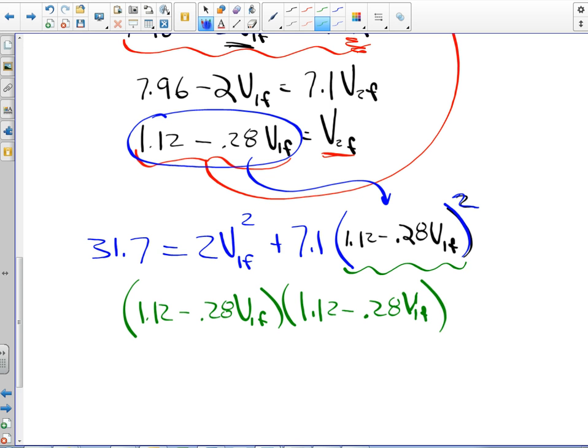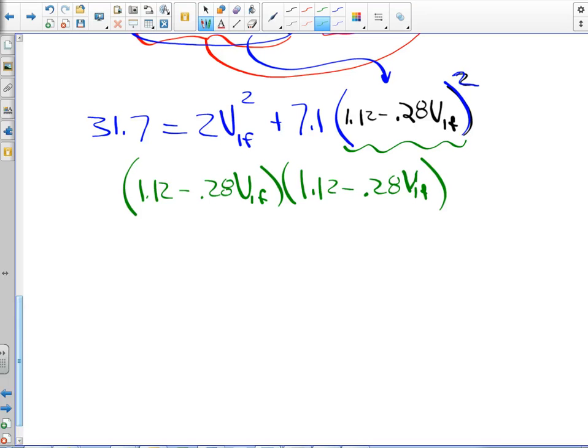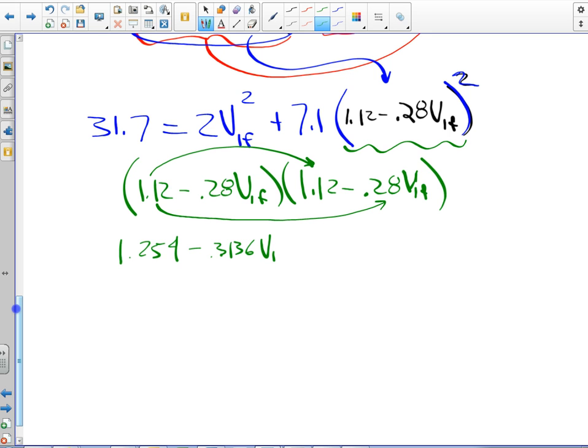Using FOIL or whatever method you use to multiply these days, whatever the kids are using these days to multiply those out, we're going to have 1.12 squared. So that's going to be 1.254. That's going to be this times this. And then we'll do outsides. We'll do this times this. So that's going to be 1.12 times 0.28. This will be negative 0.3136 v1 final.